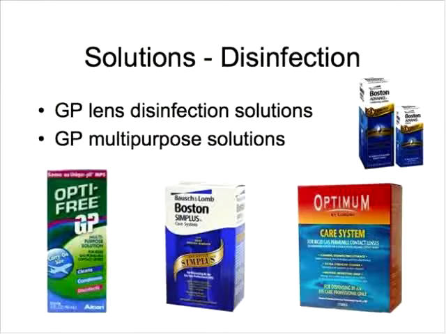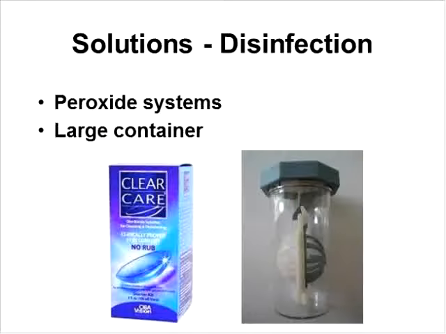Moving on to solutions, there are different types of solutions that can be used with scleral lenses. The first are gas-permeable lens disinfection solutions, and there are a whole multitude, as you can see. A multi-purpose solution can also be used, like the Boston Simplus solution here.